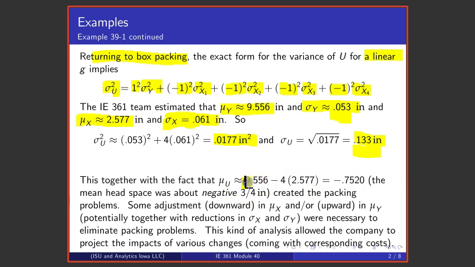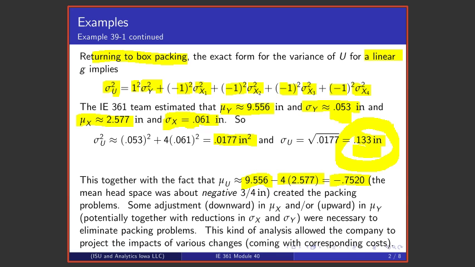However, if you take the mean inside dimension of the carton and subtract the average for x1, x2, x3, and x4, you get about minus 3/4 of an inch. That is, the mean headspace in those cartons was negative, and by the time you combine that with this variation, it was essentially guaranteed that there was going to be an interference in packing those units into those cartons.